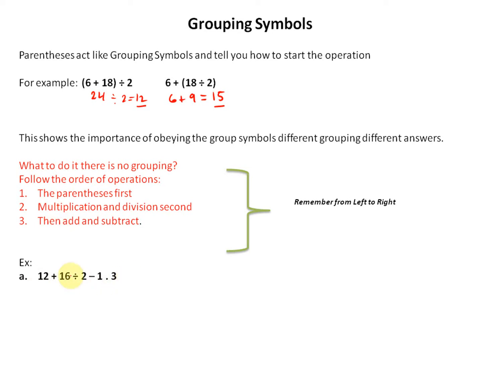So let's put parentheses around 6 divided by 2 and 1 times 3, and we solve it as normal. So we have 12 plus 6 divided by 2 is 6, take away 3, 1 times 3 is 3, so we have 6 plus 12 plus 6 is 18, take away 3 is 15.